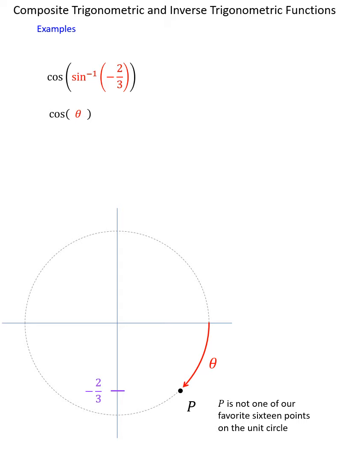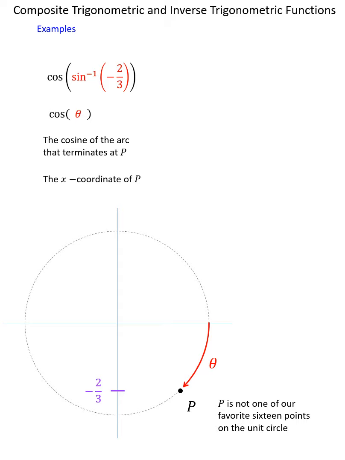And while I can't get an exact value for theta, again because P is not one of our 16 favorite points, it doesn't matter. Because even without finding theta itself, I can still find the cosine of theta. After all, the cosine of theta is just the cosine of the arc that terminates at P, otherwise known as the x-coordinate of point P. So I can find the cosine of theta without ever finding theta itself.